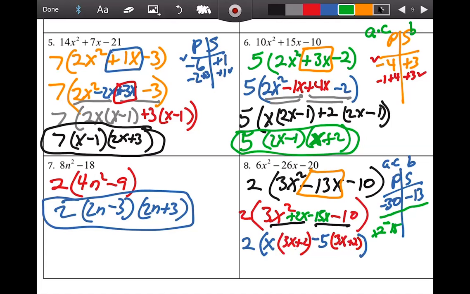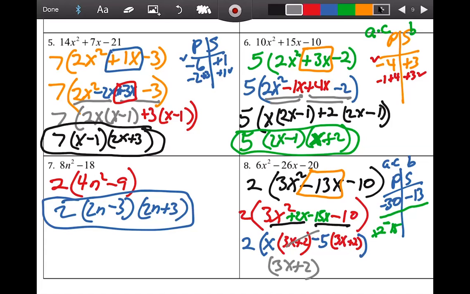Because I need to do GCF one more time and I'm done. So what does my answer look like? Don't be shy. Would it be 3x plus 2 and then x minus 5? 3x plus 2.